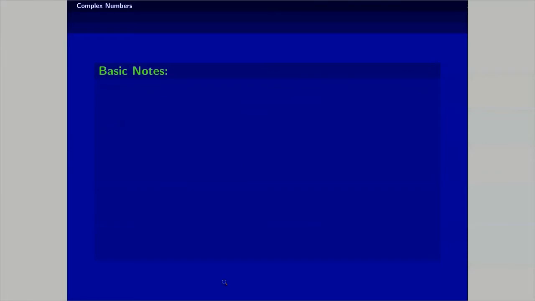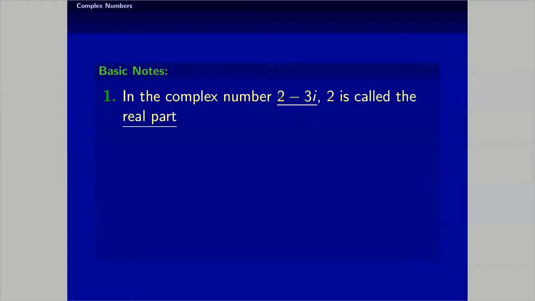Some basic notes on complex numbers. For example, you have a complex number 2 minus 3i. Your 2 here is called the real part of the complex number.